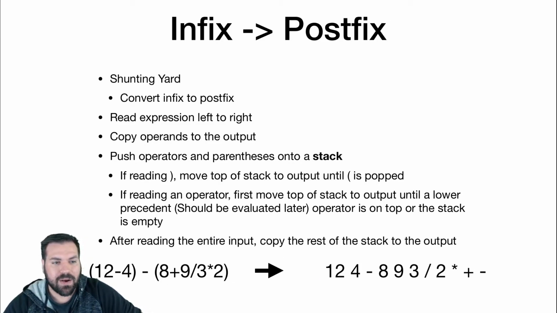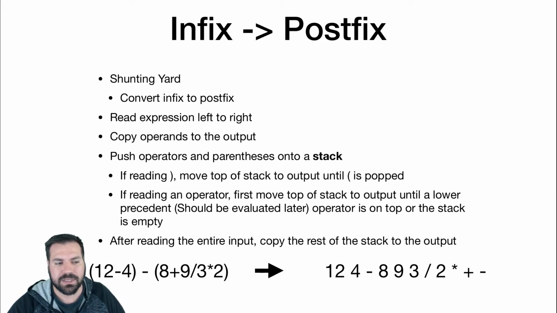Whenever we read an open parenthesis, we're going to push it to the stack, and we're going to leave that on the stack until we read a closed parenthesis. If we read a closed parenthesis, we're going to evaluate everything on the stack until we pop an open parenthesis.